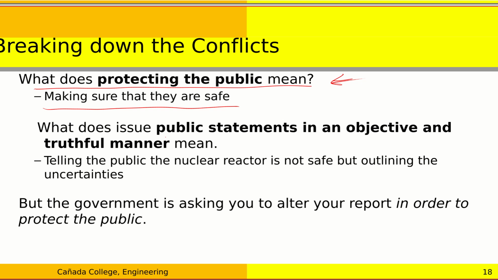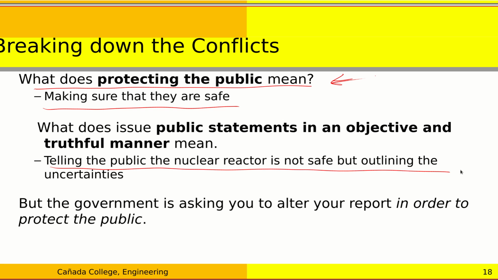And then the second conflict was issuing public statements in an objective and truthful manner. So this means that once you found that the nuclear reactor is not safe, but the government is telling you to basically say that it's okay for now, right? So your responsibility is to tell the public clearly what you've learned.